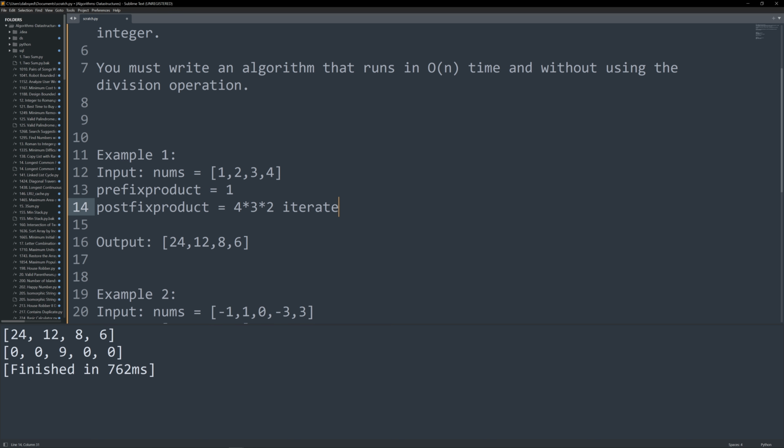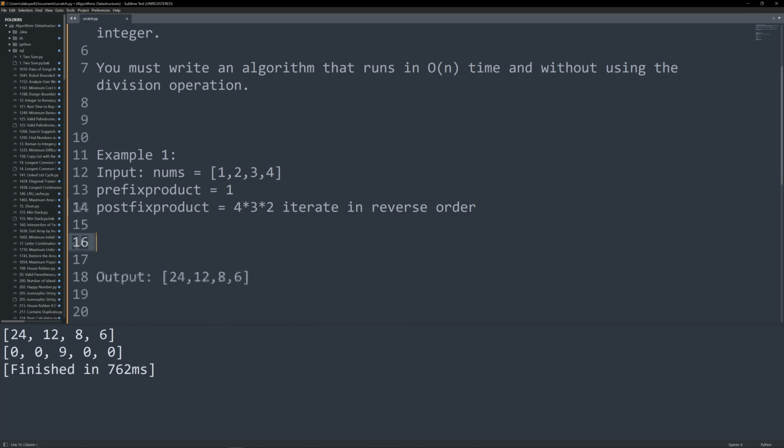So from here we are understanding our algorithm. What we are trying to do is iterate in reverse order. So that is one idea. Another idea is that we are supposed to initialize the prefix product to 1 before we start the loop.